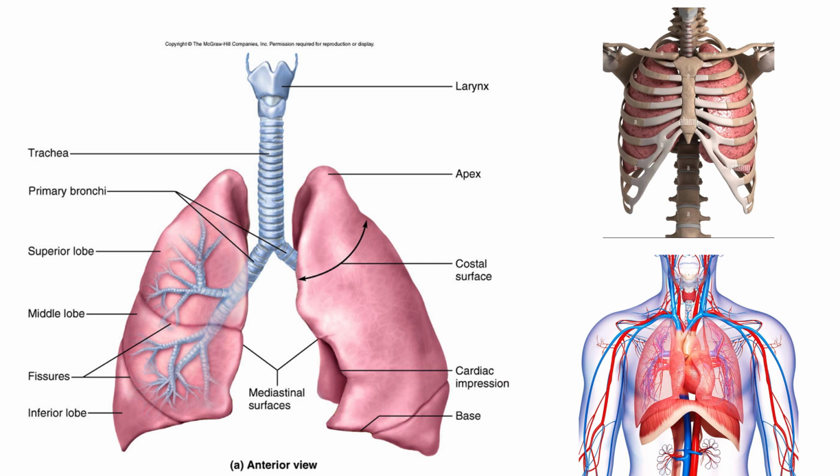Another slightly different perspective. These are highly vascularized, and you can see here a little bit of the vascularization of the thorax, the thoracic cavity, and ultimately those alveolar sacs are going to be highly vascularized because we've got to get oxygen back into the blood.